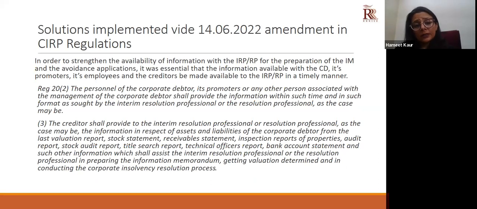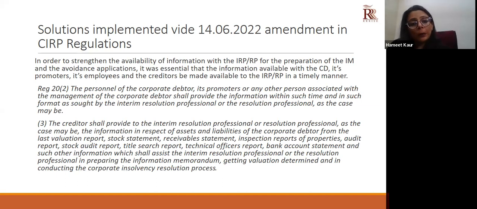Considering these challenges, solutions have been provided by the IBBI from time to time. One such solution was given via an amendment dated 14th June. In order to strengthen the availability of information with the IRP or RP for the preparation of the IM and for avoidance transactions, it was essential that the information available with the CD, its promoters, employees, and creditors be made available to the IRP or RP in a timely manner.